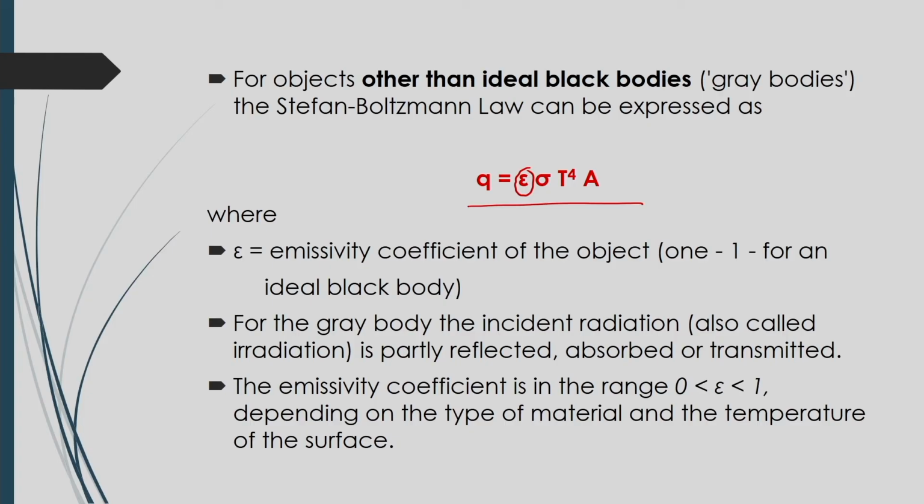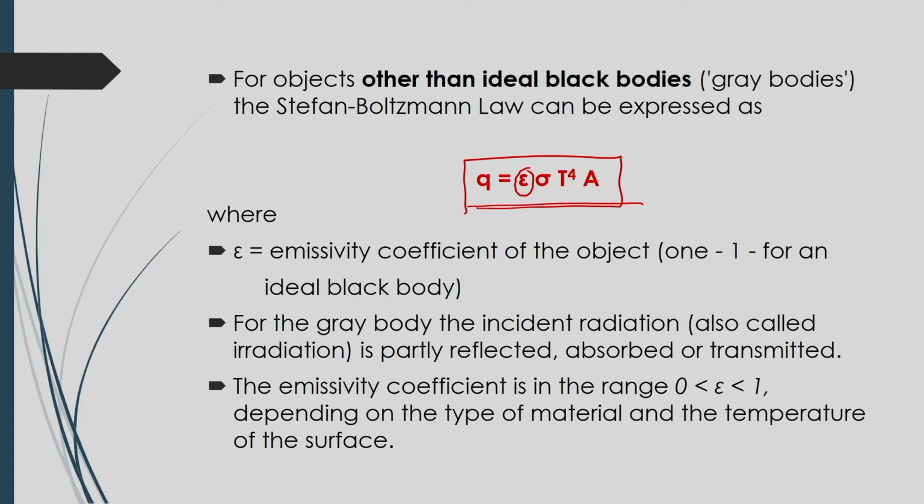So, that is why the heat transfer rate per unit cross sectional area, the heat transfer flux by radiation, can be regarded as epsilon into sigma into T to the power 4 based on the Stefan-Boltzmann law. And for the gray body, the incident radiation, also called irradiation, is partly reflected and in that case absorbed or transmitted.